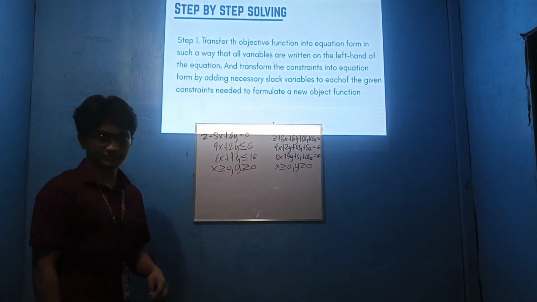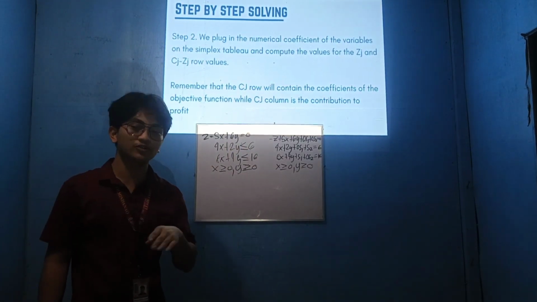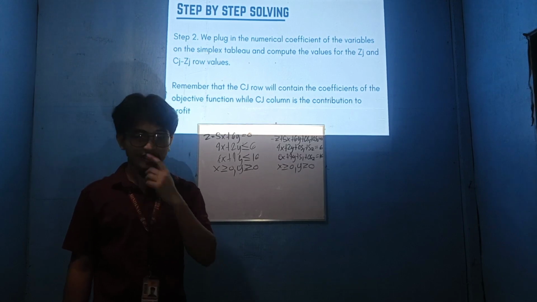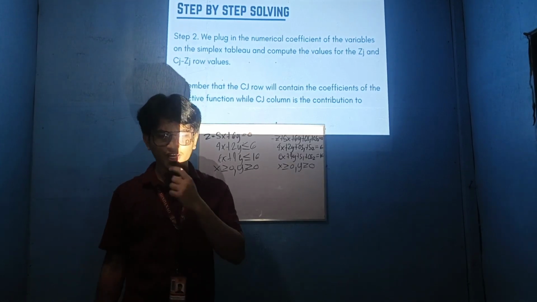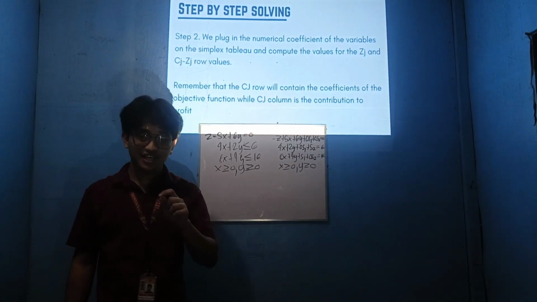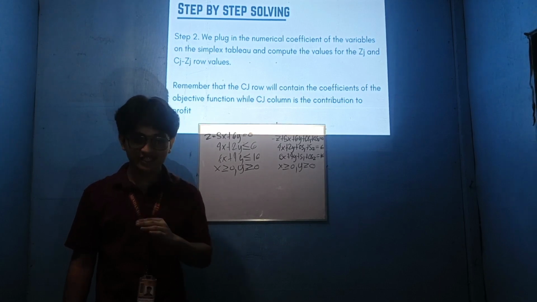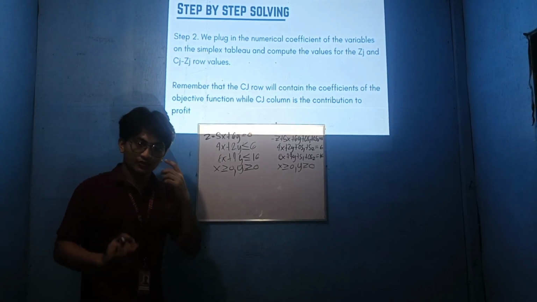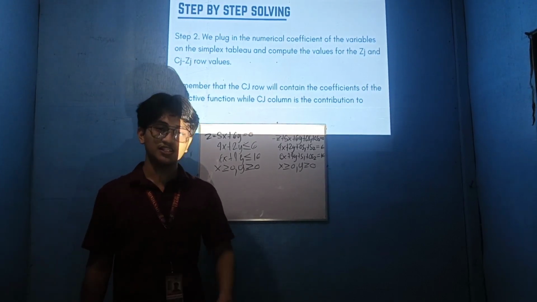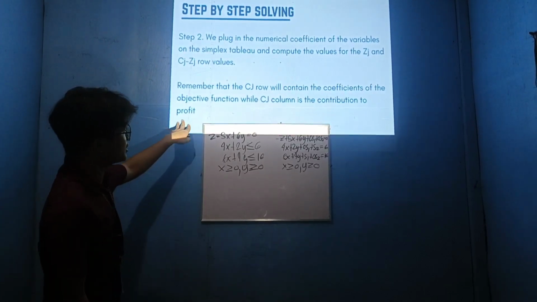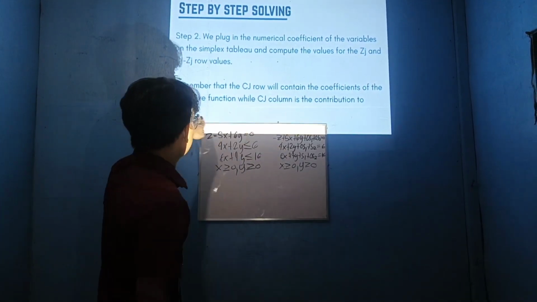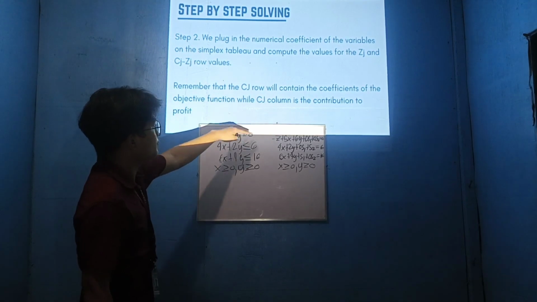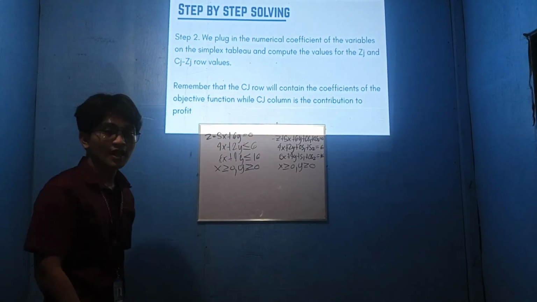For step 2, we plug in the numerical coefficients of the variables in the simplex table and compute the values for the Cj and Zj minus Cj row values. Remember that the Cj row will contain the coefficients of the objective function while the Cj column is the contribution to profit.